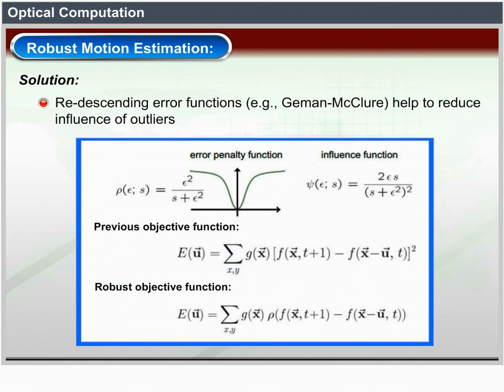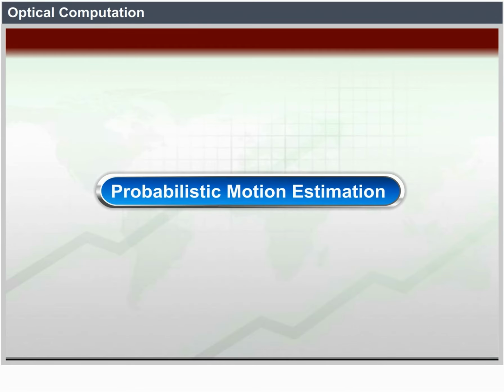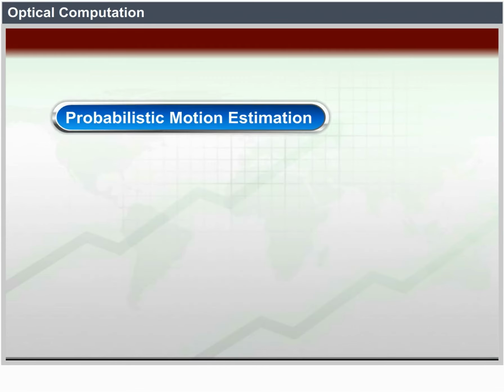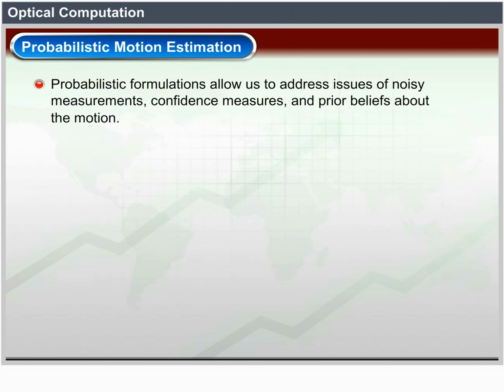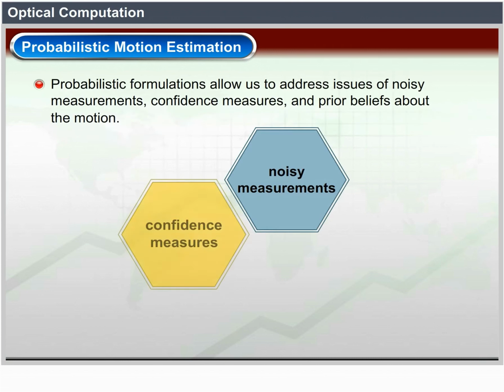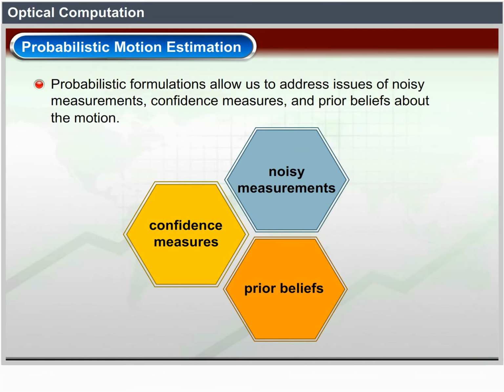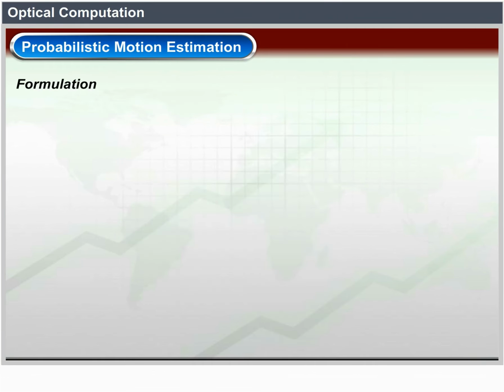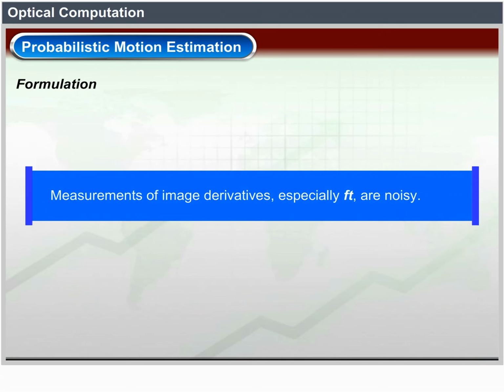Probabilistic motion estimation. Probabilistic formulations allow us to address issues of noisy measurements, confidence measures, and prior beliefs about the motion. Formulation: measurements of image derivatives, especially ft, are noisy.